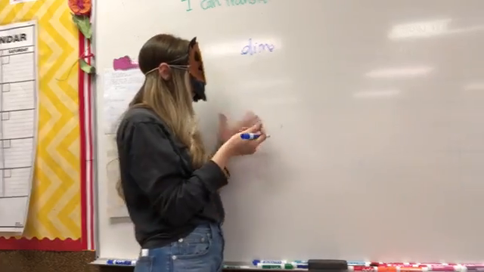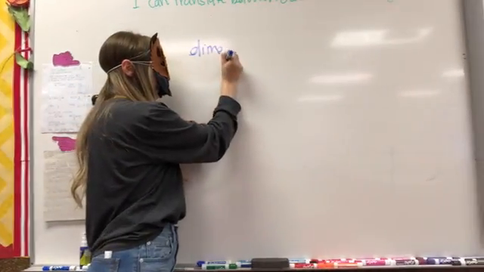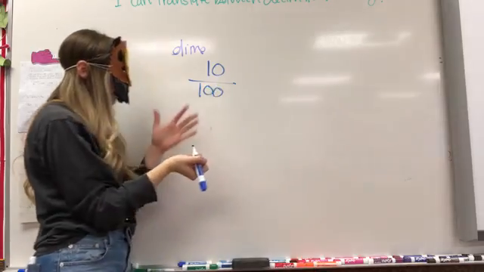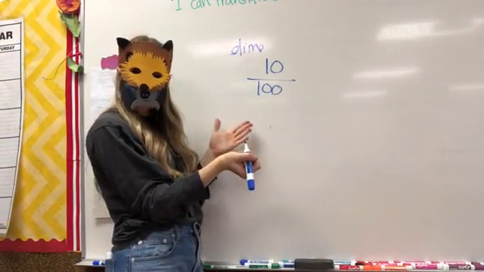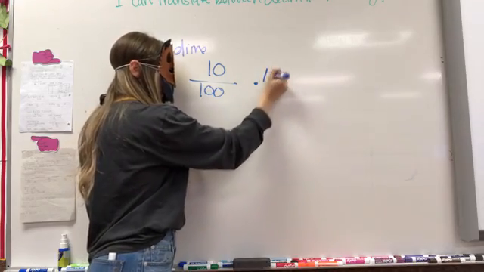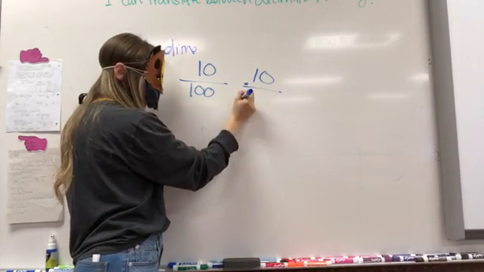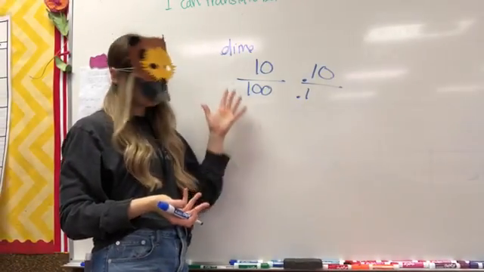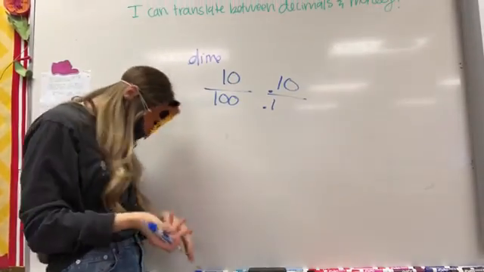What would it look like as a decimal? Well, let's think about it. A dime is 10 cents. And once again, that 10 cents is out of 100. So this is what it would look like as a fraction. And we know how to write this as a decimal. This would be 10 hundredths. Or we know that that's the same thing as this. So this is what a dime looks like as a fraction and a decimal.